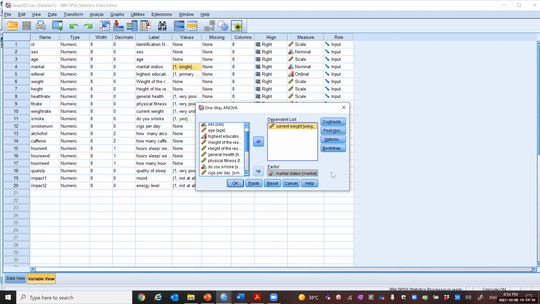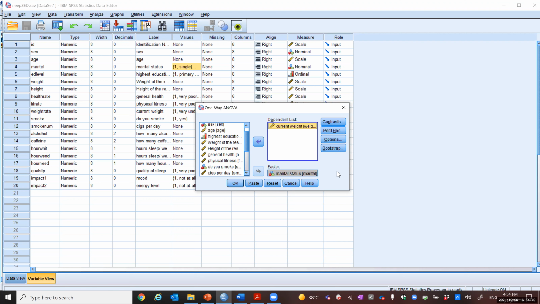Now in that case we cannot use one-way ANOVA, because you can see here, this box is only for one variable. So one-way ANOVA, one independent, and you can have multiple dependent variables, but that will be done one by one. The independent has to be one.